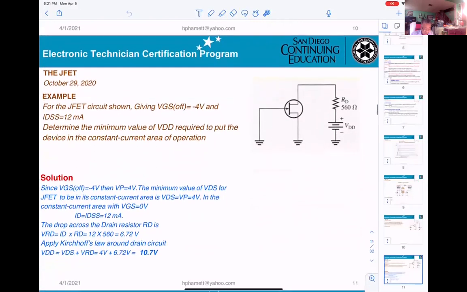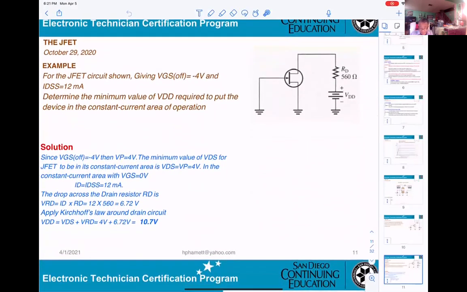Now, for the JFET circuit shown, given VGS off equal minus 4 volt and IDSS equal 12 milliamp, they want to know the minimum value of VDD required to put the device in the constant current area operation.